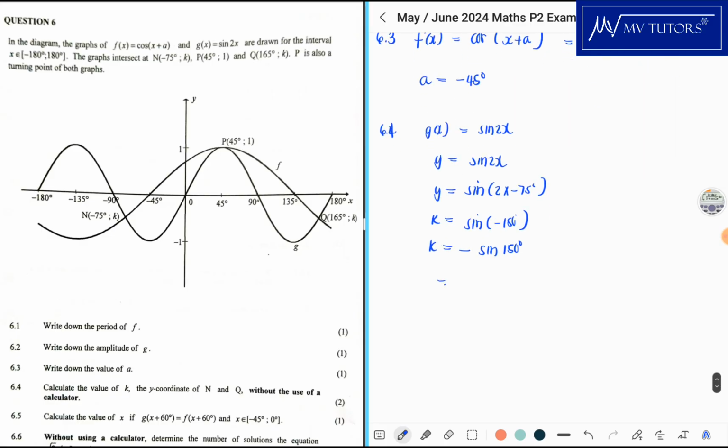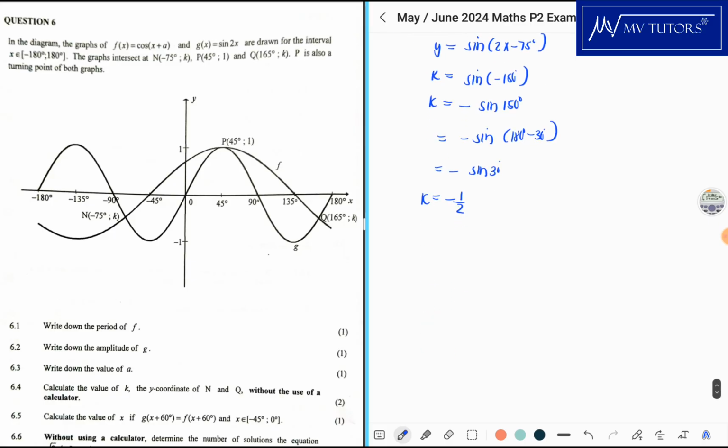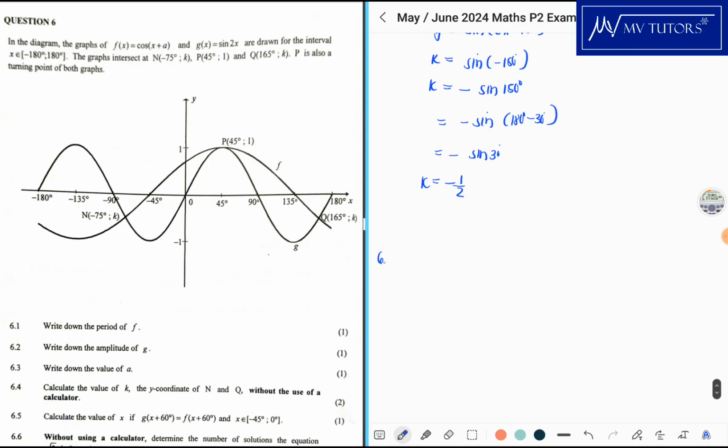And we know that 150 is in the second quadrant. So we have negative sine 30, which is just negative a half. And that makes sense because k is on the negative side of the y-axis. So that's 2 marks.